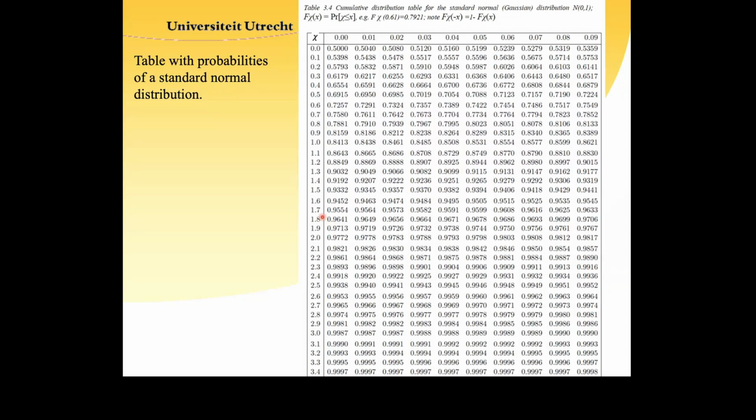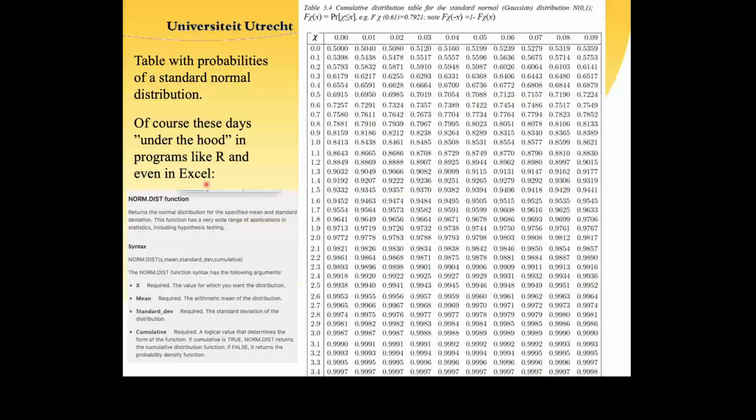And for instance, if I want to know what is the probability that chi is smaller than or equal to 2.13, so this is 2.1, 2.10, 2.11, 2.12, 2.13, so that value is 0.9834. That is the way you do it. This is how you use this one.